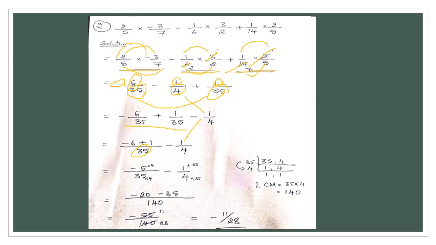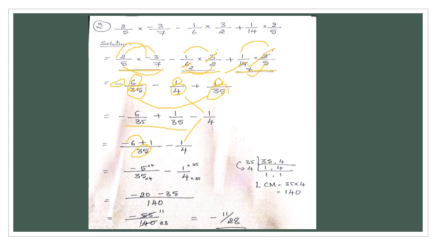Now see children, in front of 6 minus sign is there, in front of 1 plus symbol is there. That means minus and plus symbols. If opposite symbols are there, we need to subtract those two terms. 6 minus 1 means we get the difference as 5.